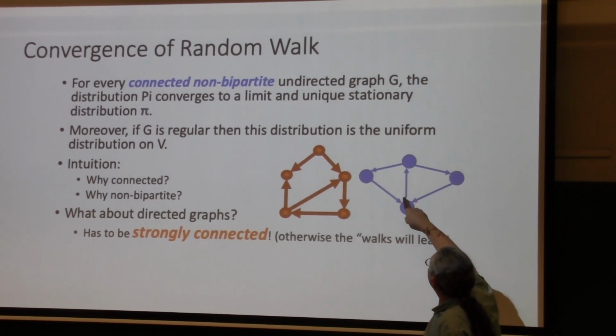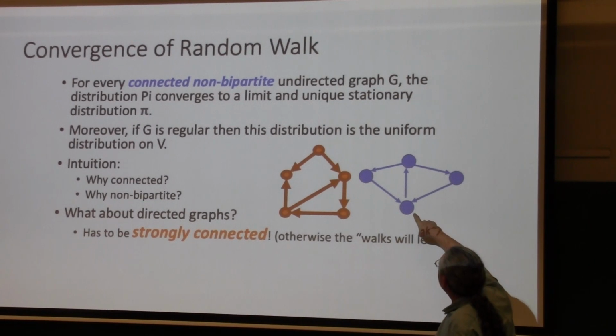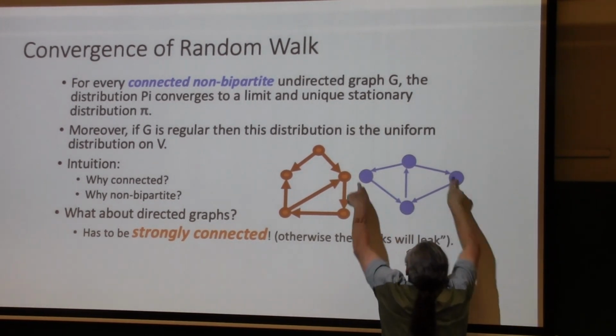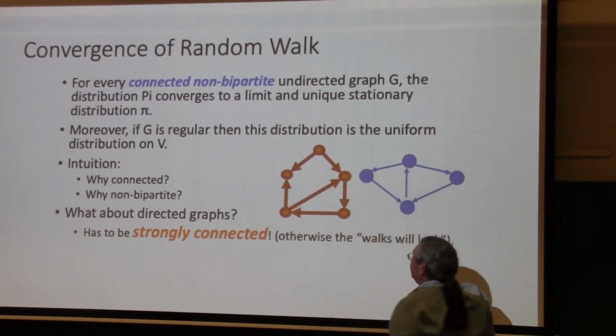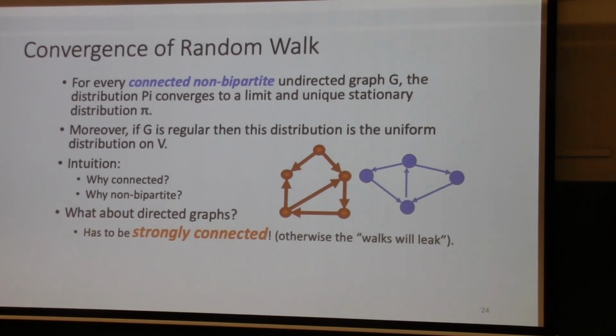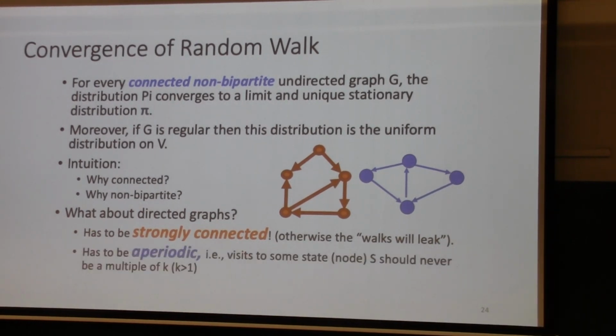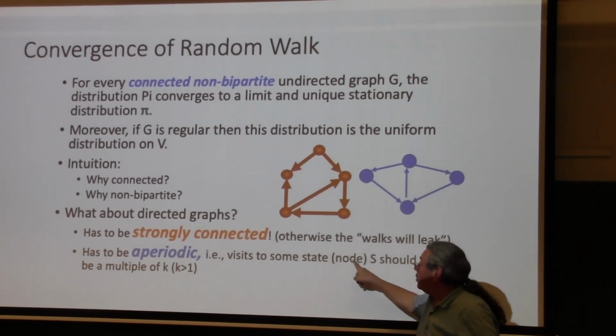No, this one is not strong, but this one has another problem. You have actually two cycles going like this, okay? And this is a property called periodicity. The graph has to be aperiodic.